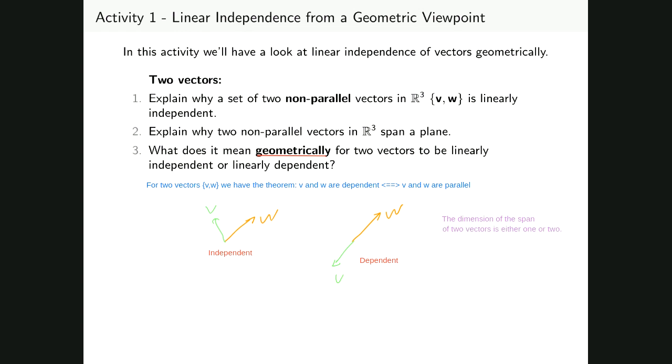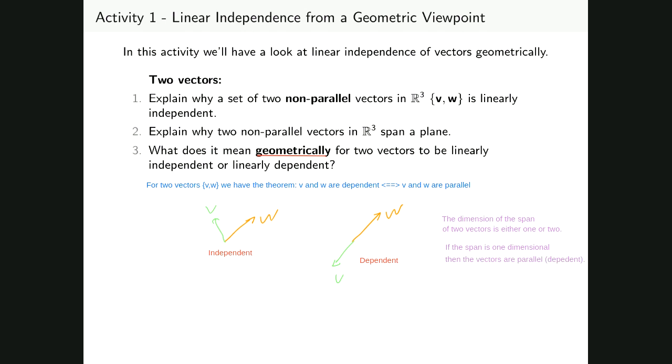Okay, so if the span is one-dimensional, then the vectors are parallel or dependent.